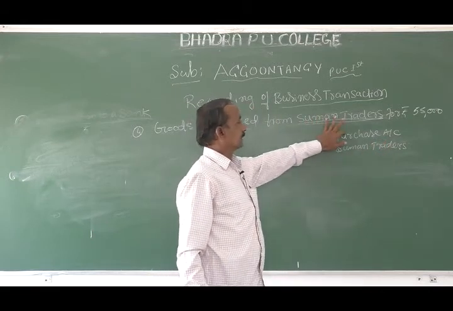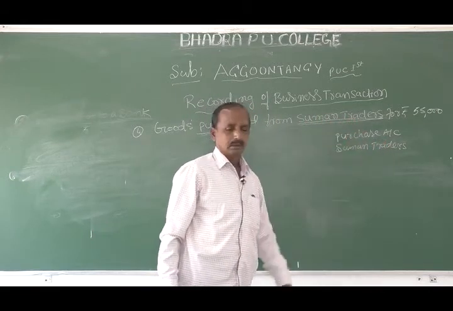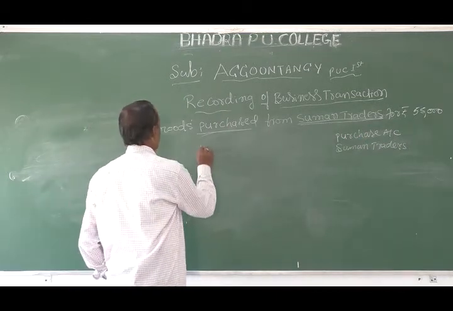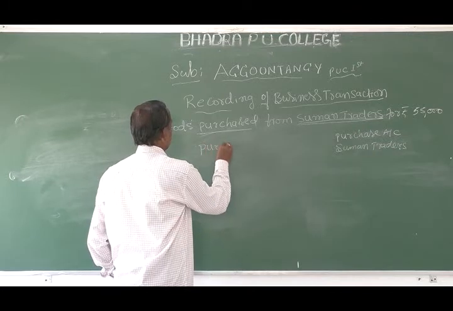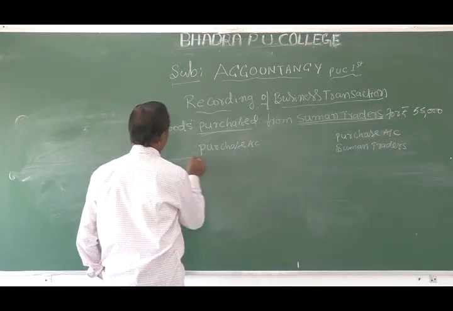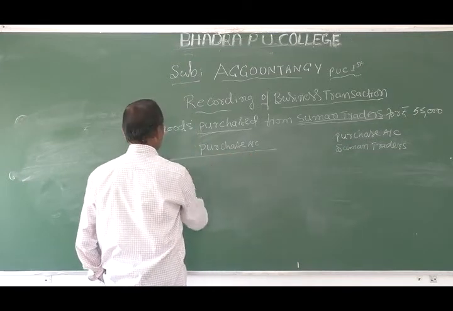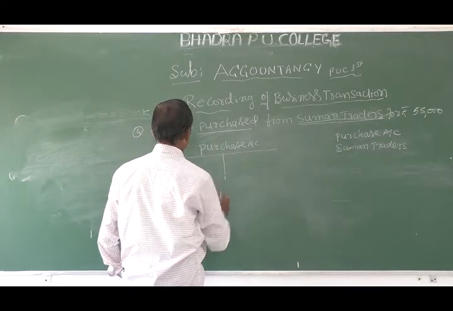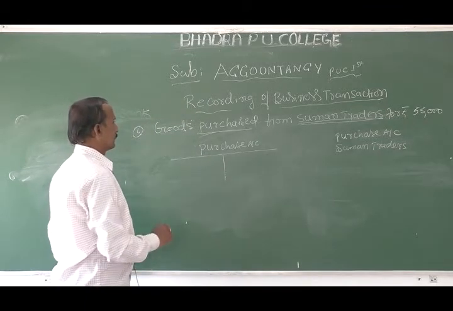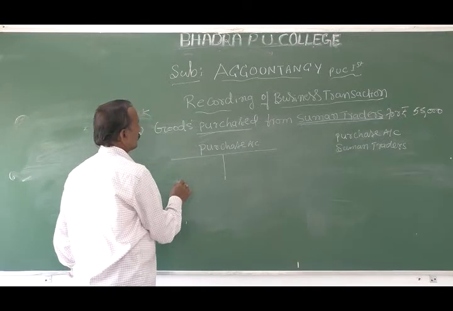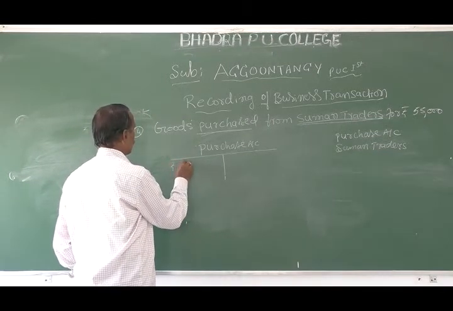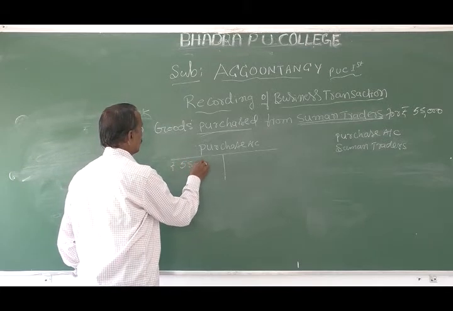The purchase account, debit what comes in, rupees 55,000 debit.